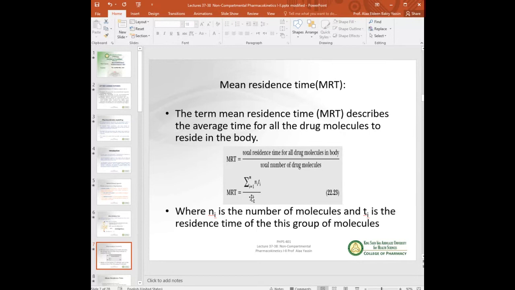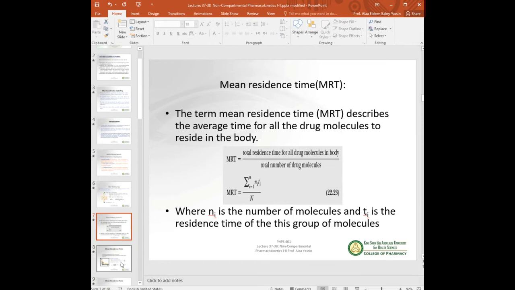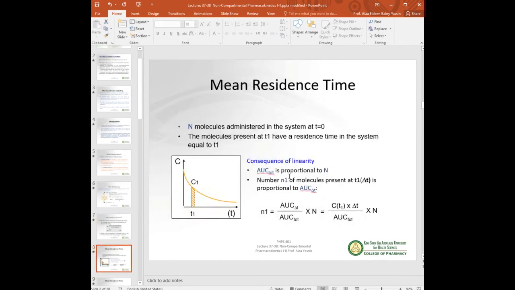N is known because this is the dose, the number of molecules present in the dose. So we can determine this simply.